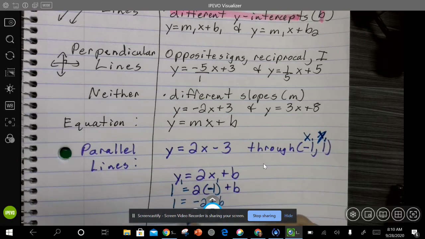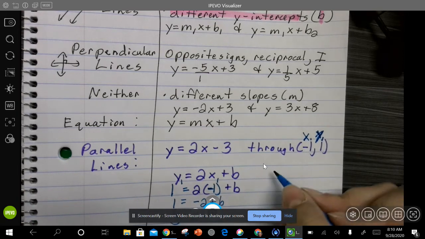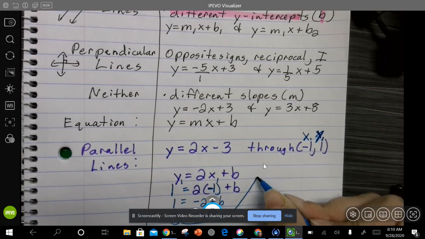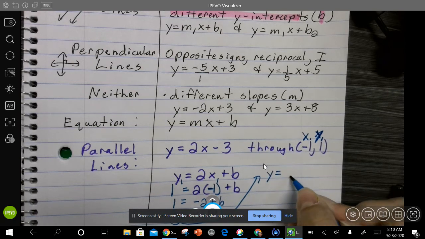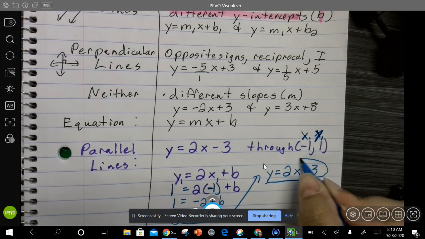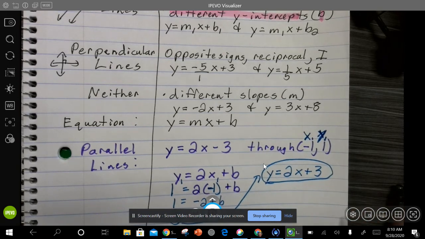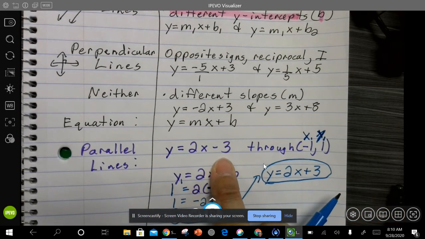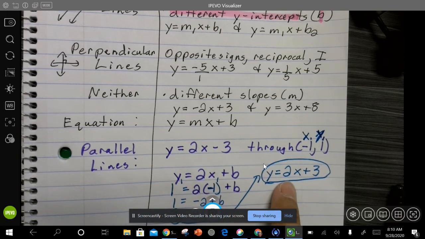I add 2 to each side, so I get 3. Now we're going to take that b value and substitute it in. So now we have y is equal to 2x plus 3. So this has a b value of -2, same slope, they both have a slope of 2, and this has a b value of 3.